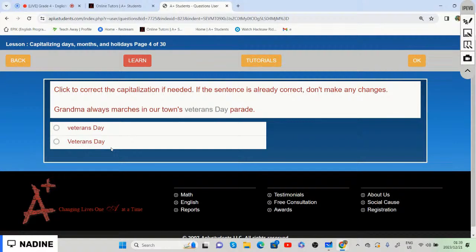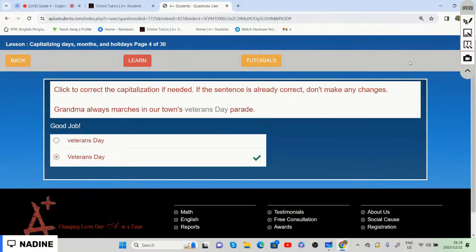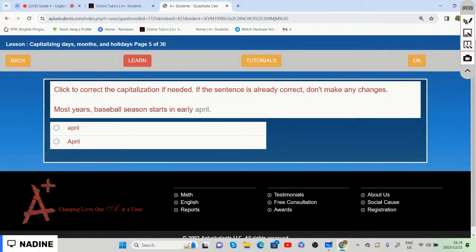And correct, even Father's Day needs to be capitalized. All right, we're going to choose Veterans Day because it is a special holiday.